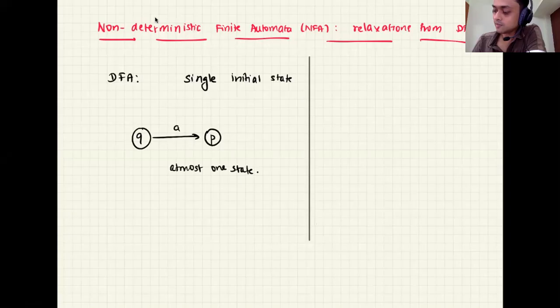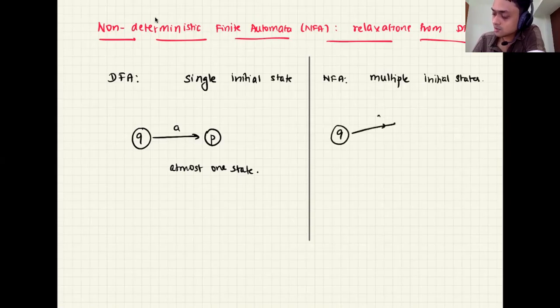In an NFA, the single initial state is not required. You can have several initial states, I mean, multiple initial states. And secondly, from a state on a letter, you can go to more than one.